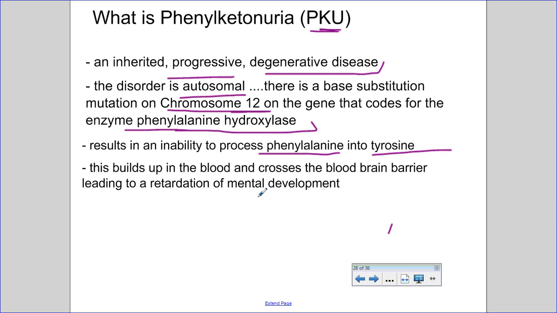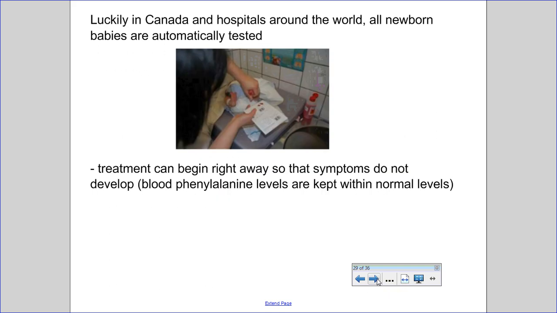Phenylalanine will build up in the blood and can even cross the blood-brain barrier, leading to issues with mental development. Now, in Canada and hospitals around the world, all newborn babies are automatically tested for this genetic condition. They'll take a sample of blood at birth and test for this condition.